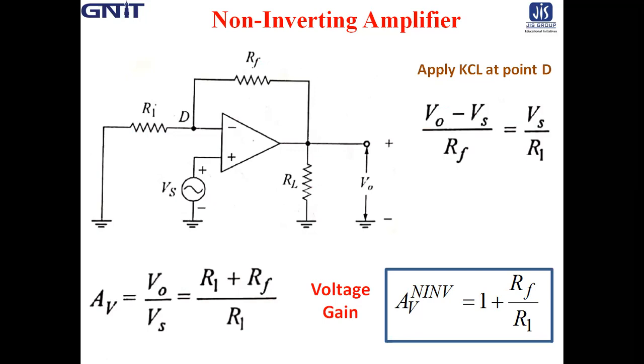So, the circuit configuration is like a voltage series negative feedback amplifier. The current flowing into the op-amp is negligible since the input impedance is very large. Now apply KCL at point D, we obtain (V0 minus Vs) by Rf equal to Vs by R1.